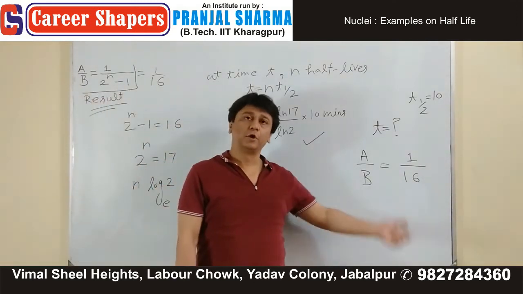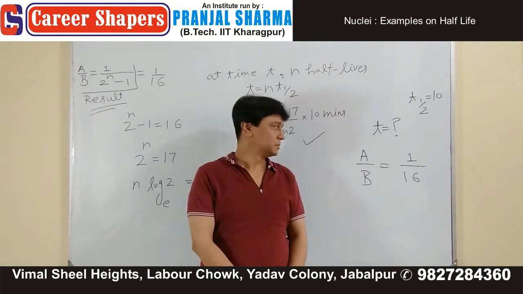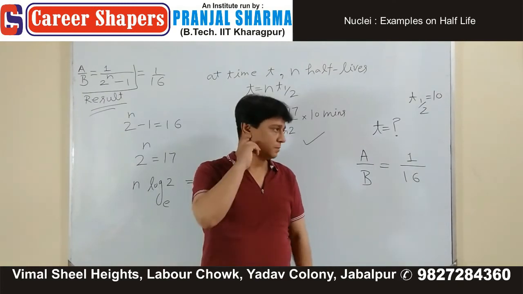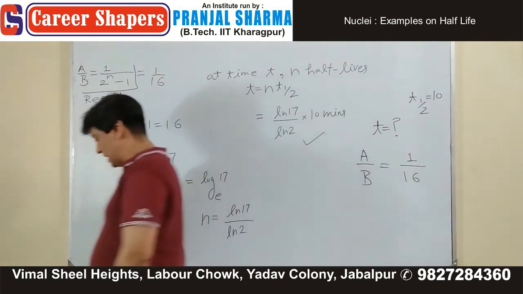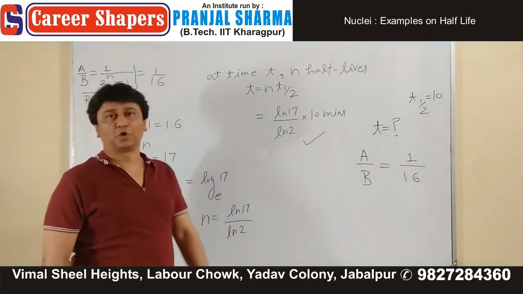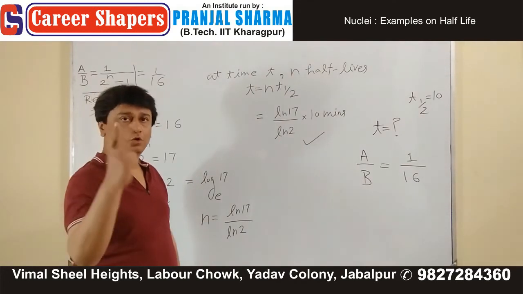Initially, a radioactive sample has equal number of parent and daughter nuclides. Find out the ratio of A and B after 2 half-lives.